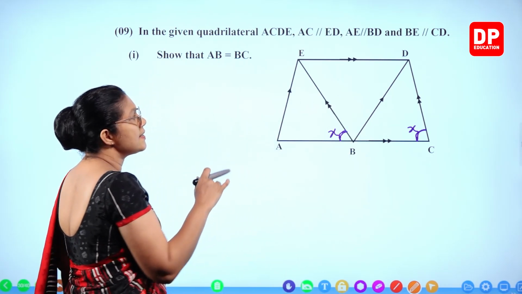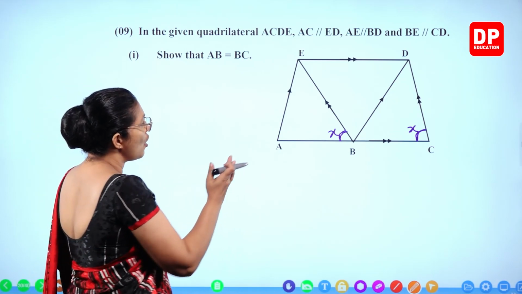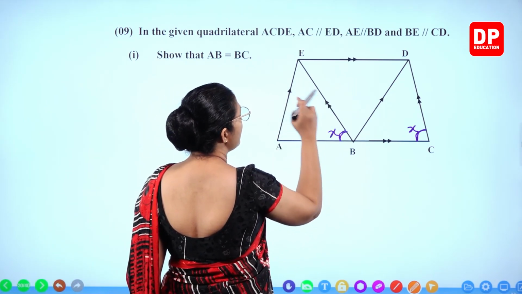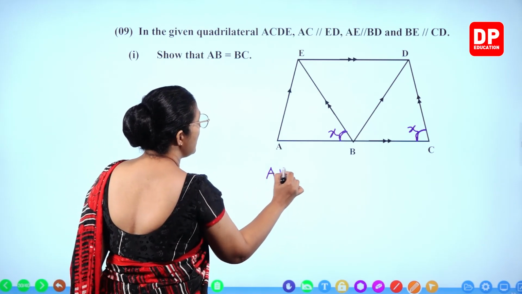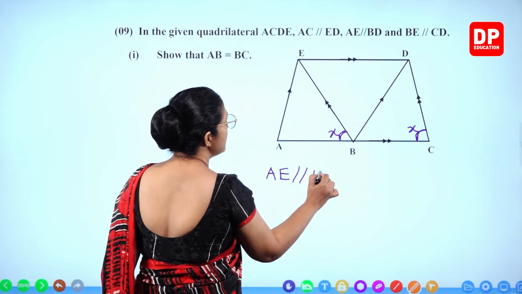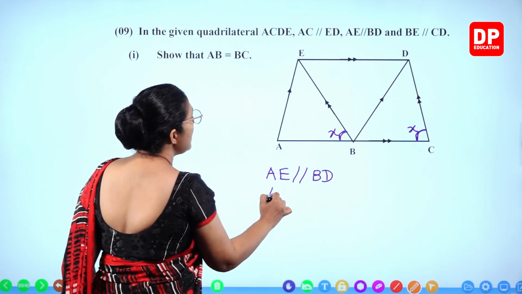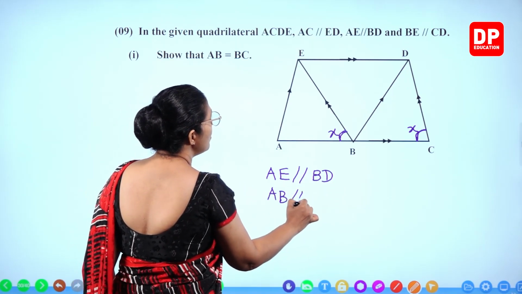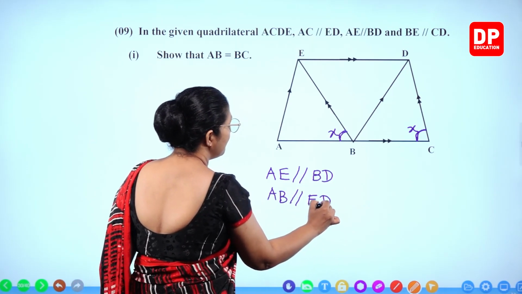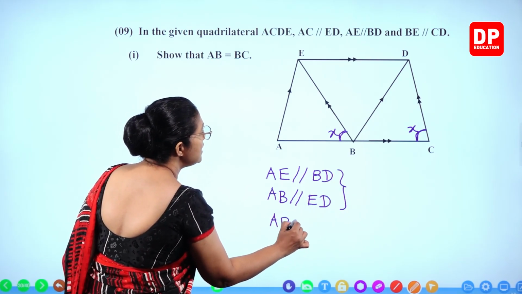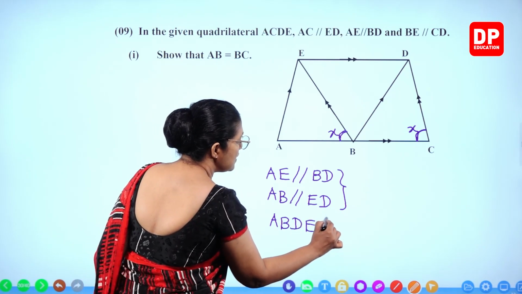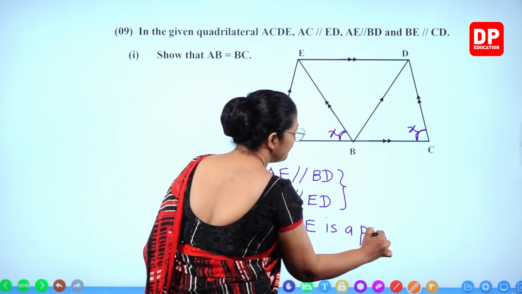ABDE, we can see a parallelogram because opposite sides are parallel. AE is parallel to BD, AB is parallel to ED. So because of that, you can write ABDE is a parallelogram.